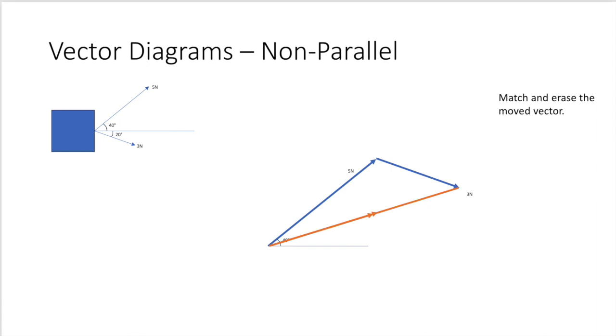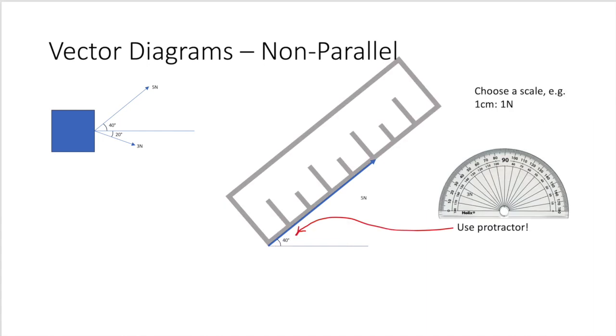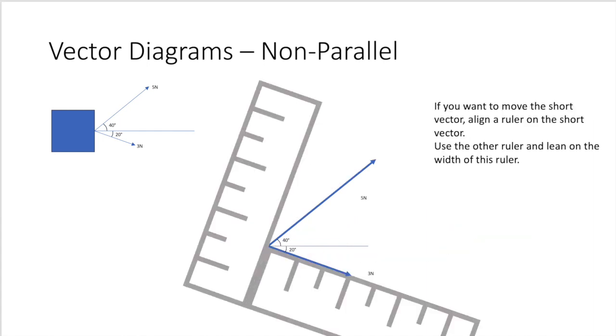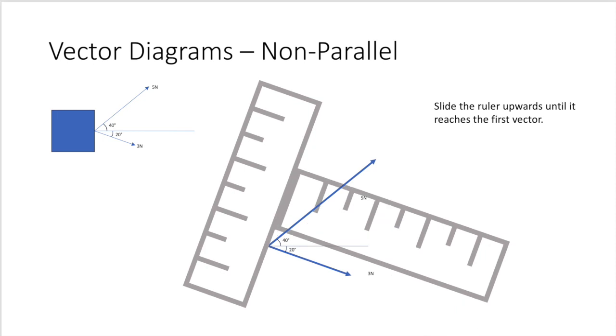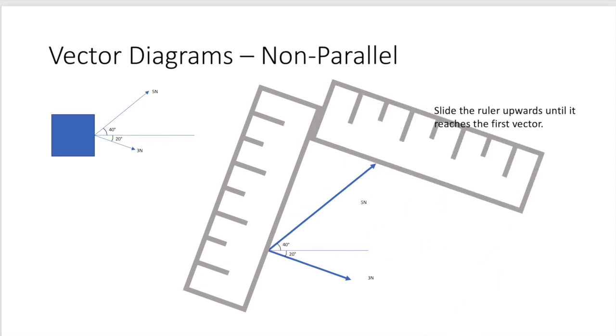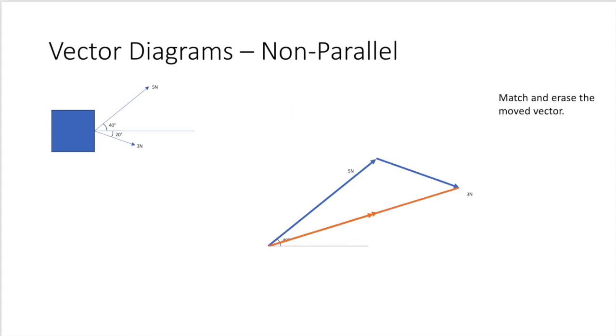Look at this example: choose a scale, then draw the two vectors with accurate directions and magnitude as well. Then, let's say you want to move the short arrow upwards, you place your ruler here, move your set square upwards, and then you match it up and ensure that the length remains the same. Then you can draw up the resultant force.